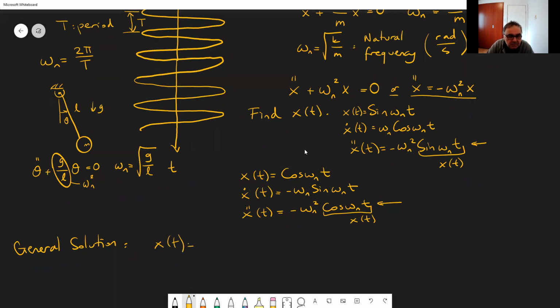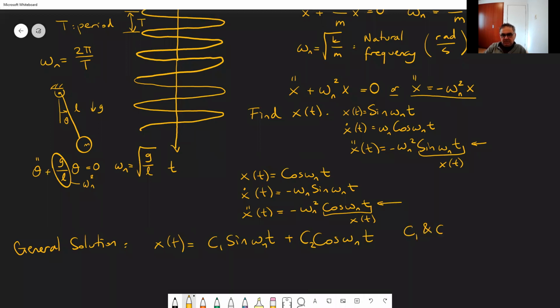X of t equals, let's say, C1 times sine omega n t plus C2 times cosine omega n t. You see, this is our general solution. Well, one problem here is C1 and C2.